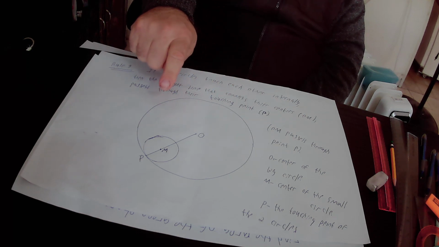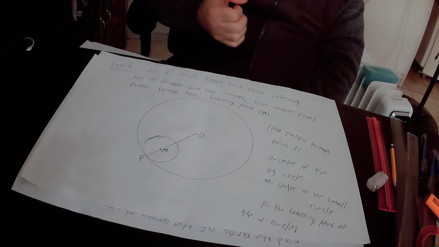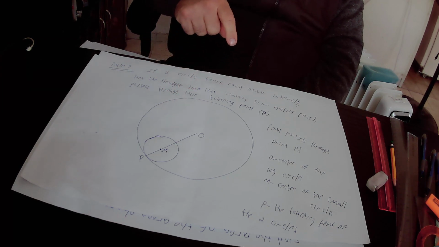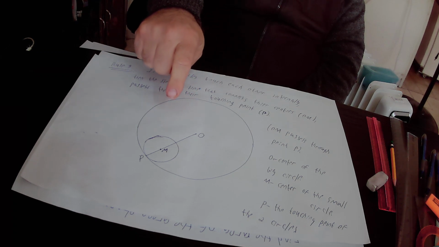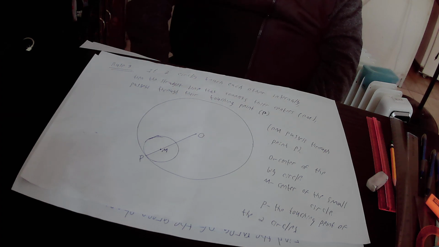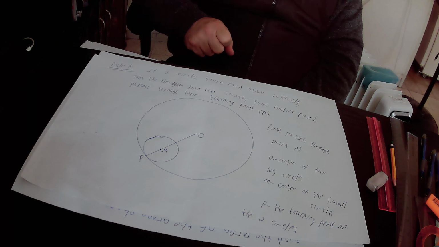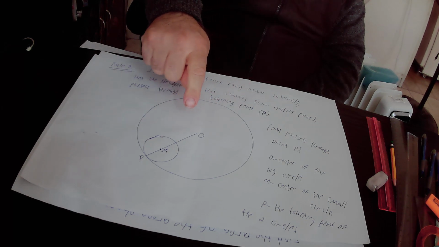The small circle is located inside the big circle, and therefore we have here an internal touch between those two circles at point P. That is to say, the two circles touch each other internally at point P. So whenever you have an internal touch between two circles, you can implement this rule, rule 9. So according to rule 9, the straight line that connects their centers together.